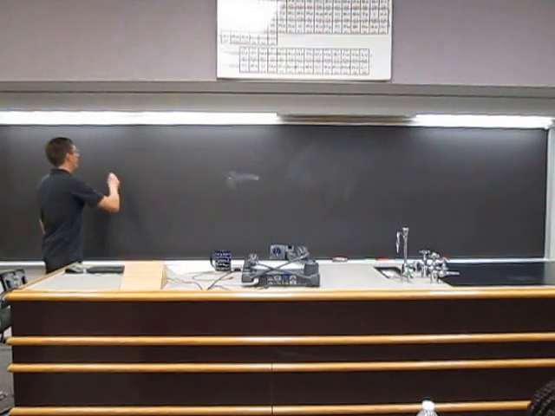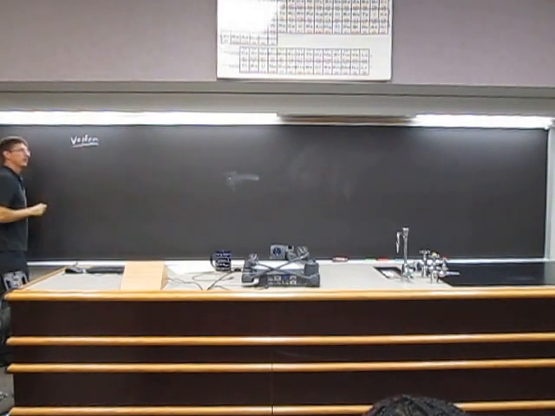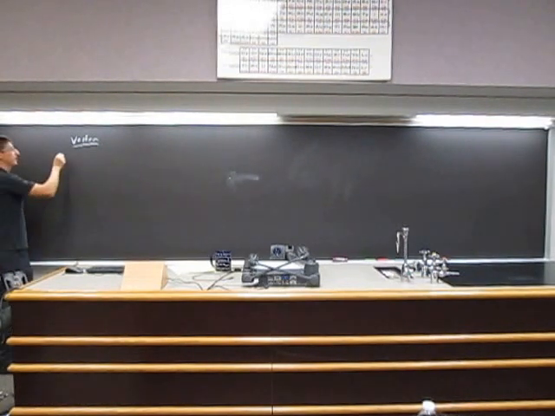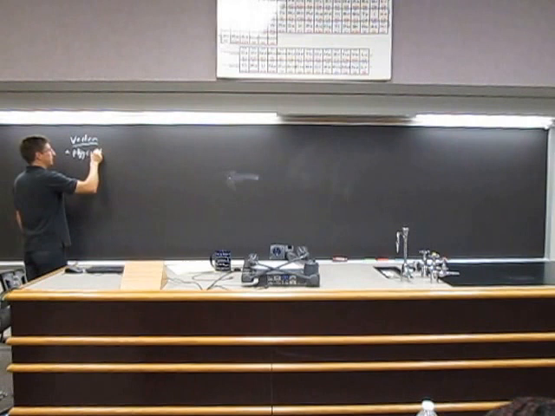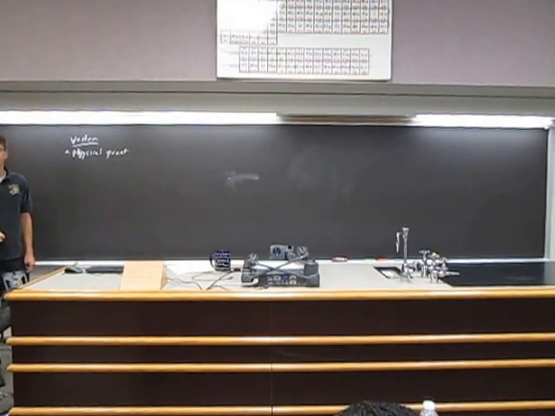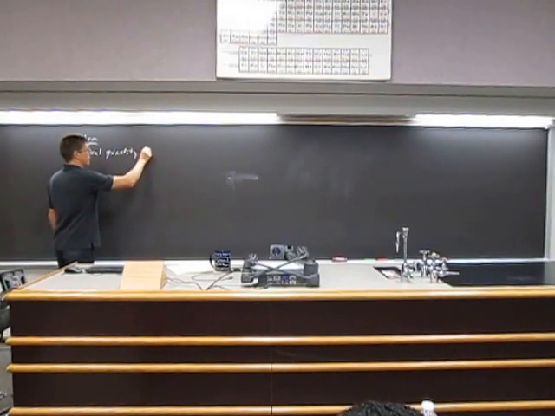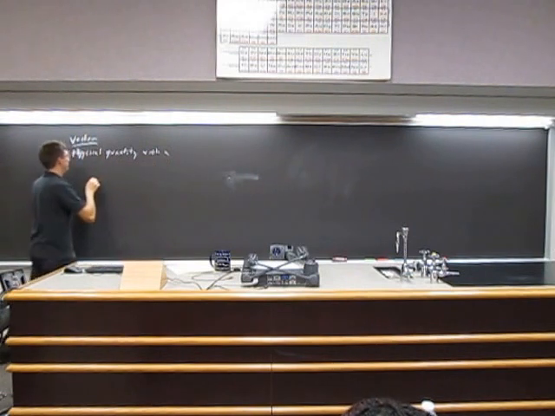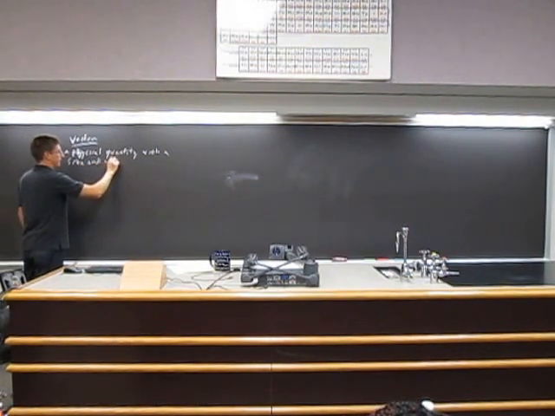So first of all, a vector. We mentioned this at the end of the class last time. It's any physical quantity that has a size and a direction. That'll be an operational definition of vector here.